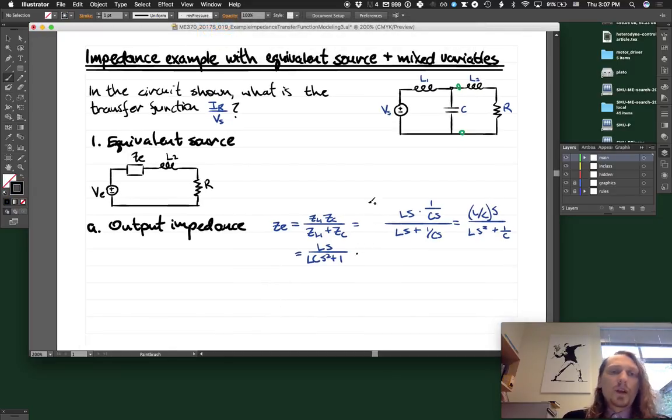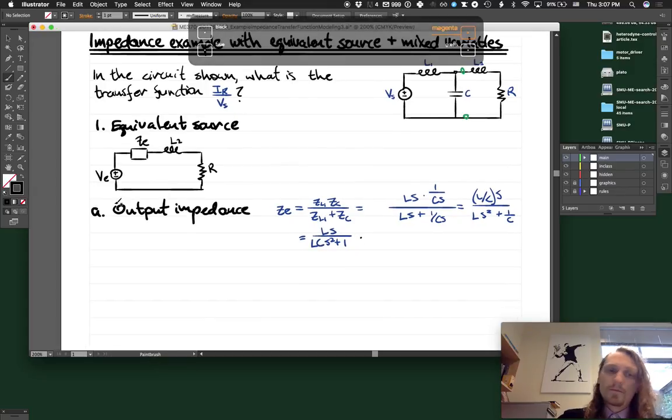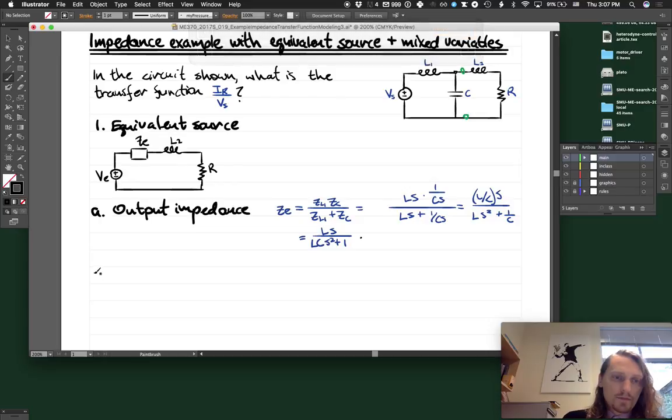Okay, now we need to get VE. So this is the equivalent voltage.